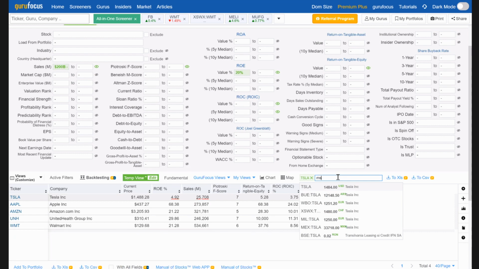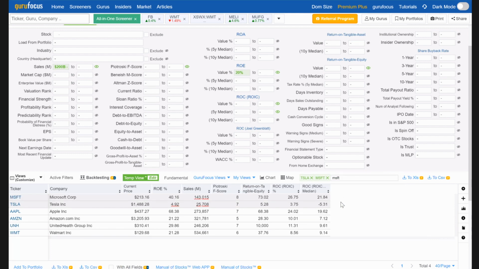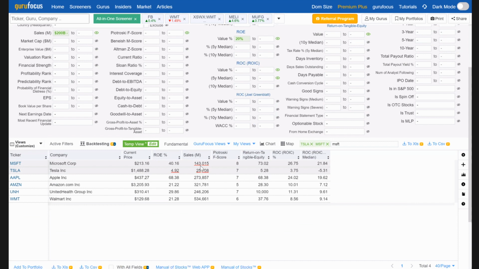If I type Microsoft, why doesn't Microsoft show up? Microsoft's sales are actually only 143 billion, and here I'm asking for 200 billion. That's why Microsoft doesn't show up here. So it allows you to compare the companies easily, and I'm not sure if you are aware of this feature.